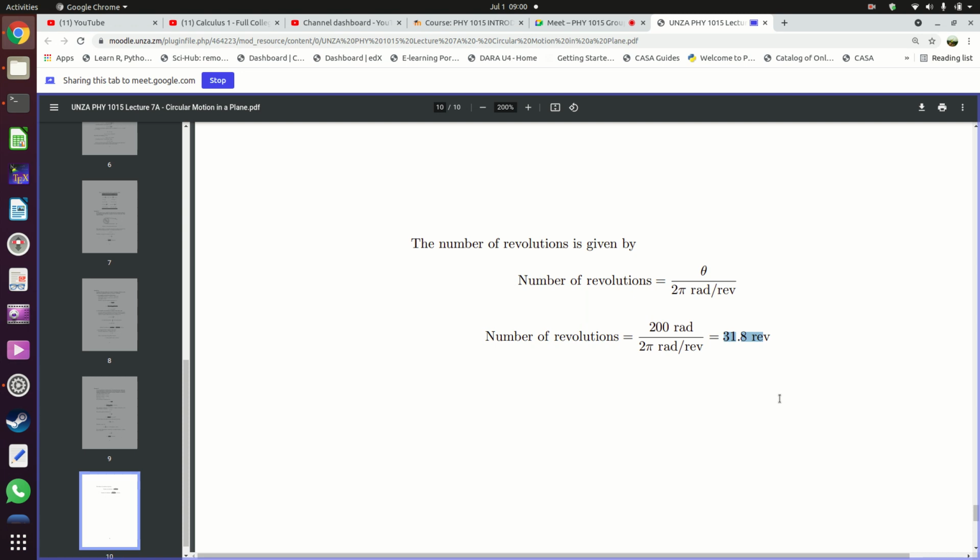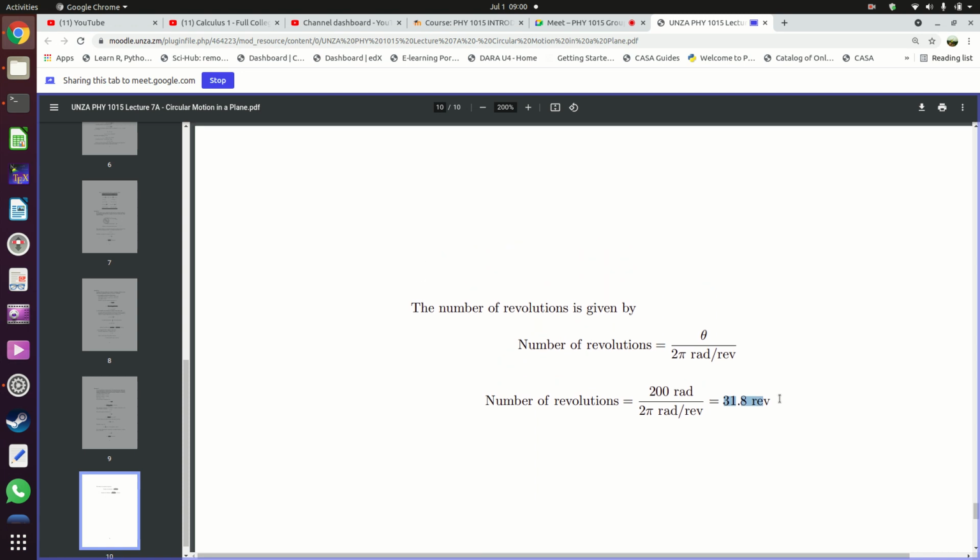If your car covers a certain amount of distance, your wheels are also turning a certain number of times. There is a connection between motion in a straight line and circular motion, and that is what we wanted to show you today.